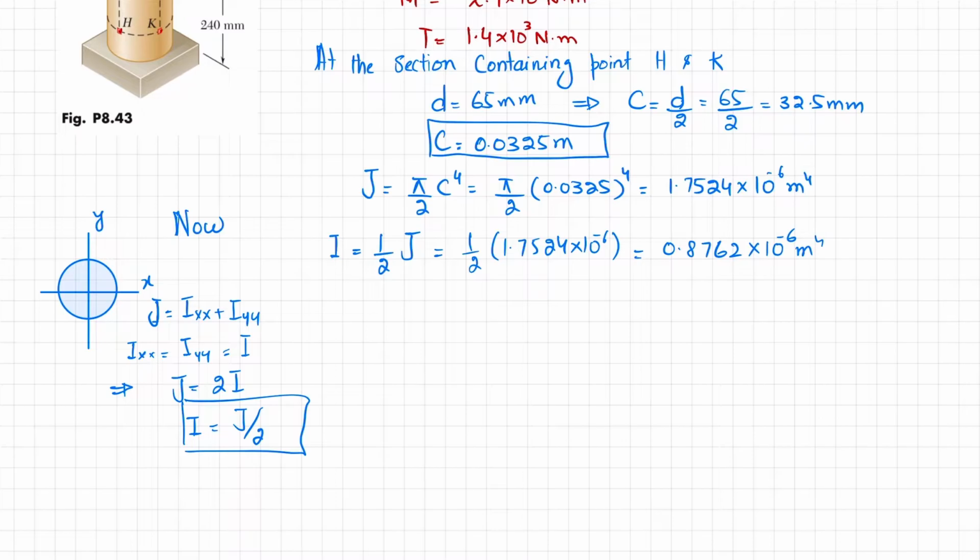Also, for a semicircle, which is given at the end of books, this Q, which is the first moment of area, is equal to 2 over 3 C cube. So you can put the value 2 over 3 into 0.0325 whole cube.